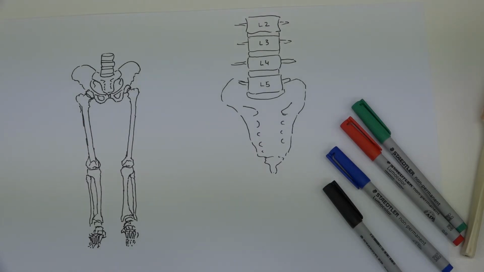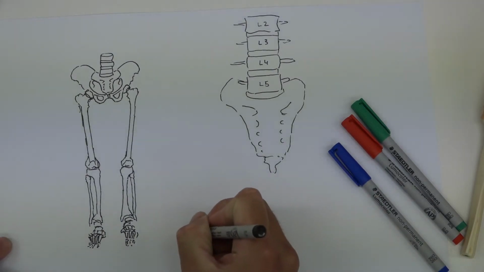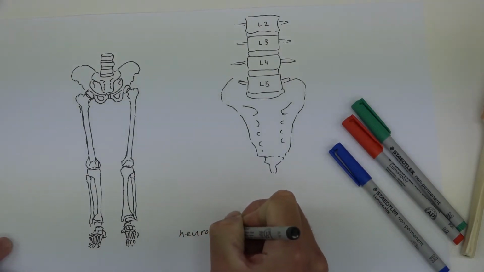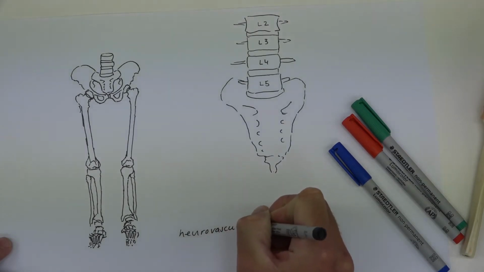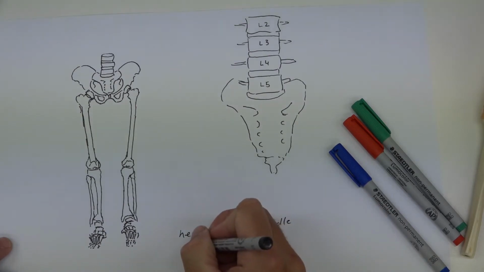Now arteries and veins are obviously associated with your cardiovascular system, and they're going to be arising from the heart and taking oxygenated blood away from the heart to your organs, and then veins taking the deoxygenated blood back towards your heart. Now these are all going to run together as neurovascular bundles. A neurovascular bundle will consist of an artery, a nerve and a vein.